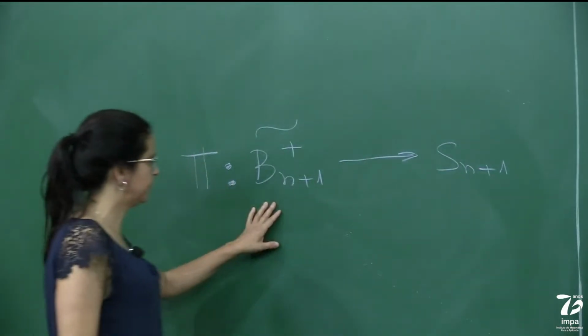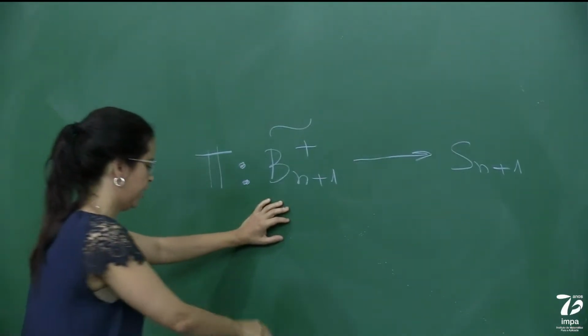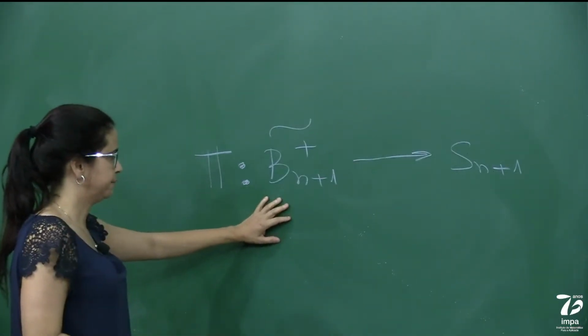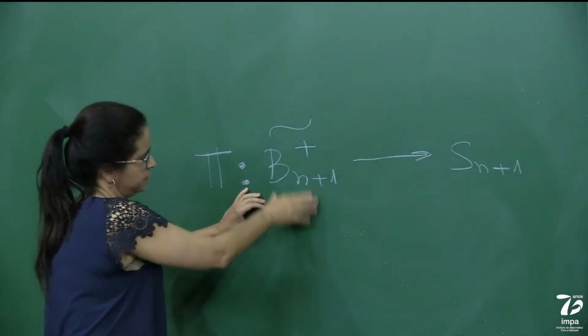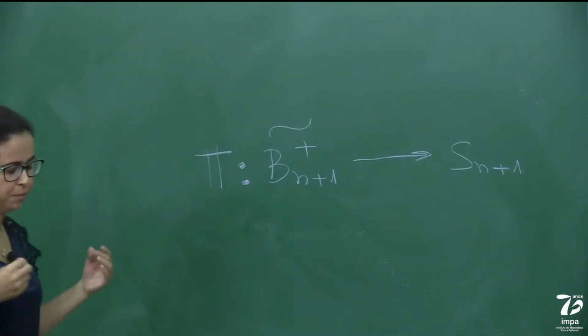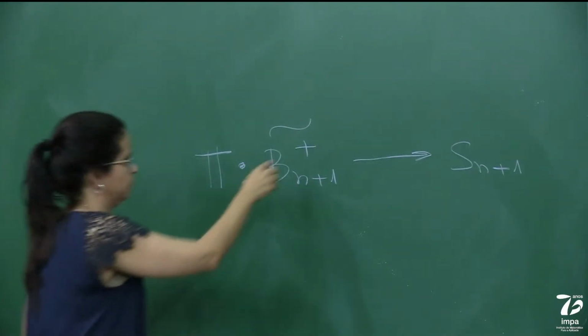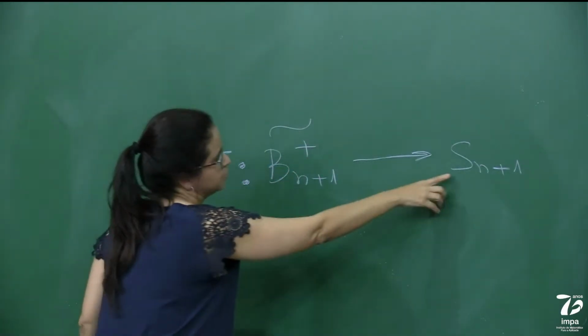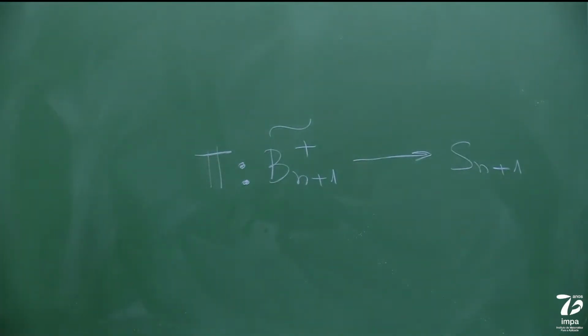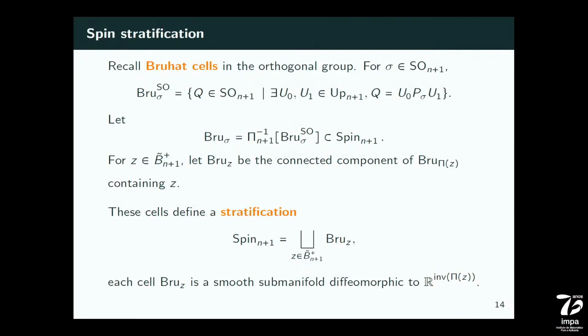So we take a matrix, we use the projection, and then we see the matrix just in B_{n+1}^+, forgetting the signs, and we see which matrix we have. Okay? Makes sense? And then we know how many inversions this has, and we know the dimension of the cells Bruhat Z.